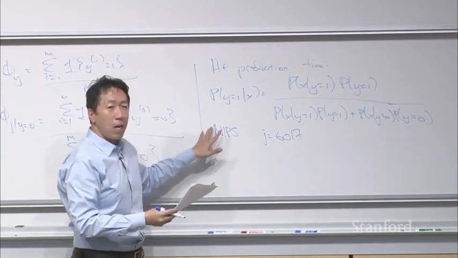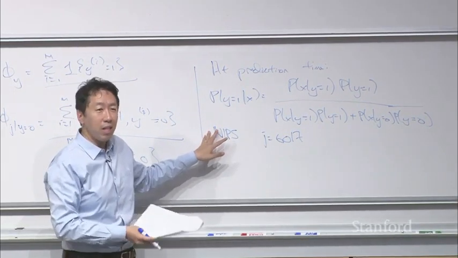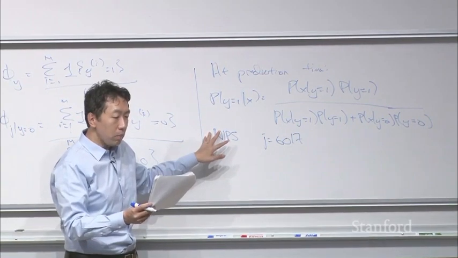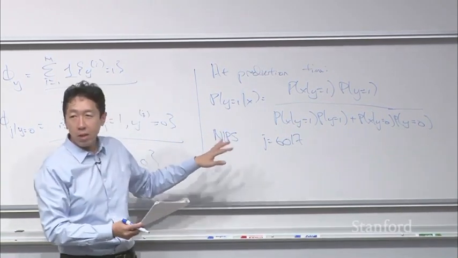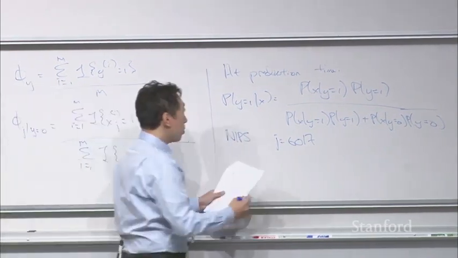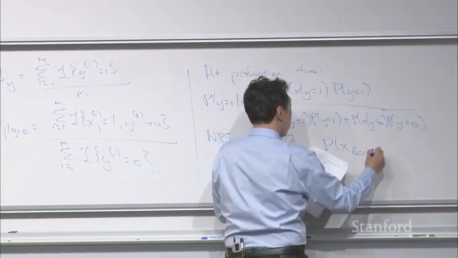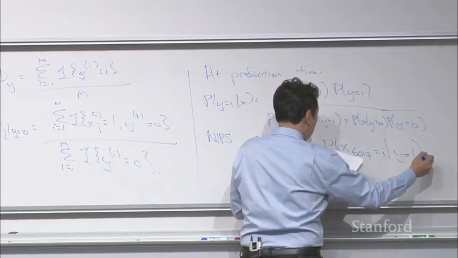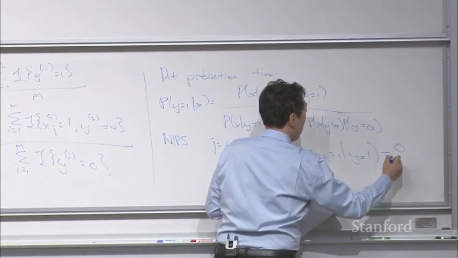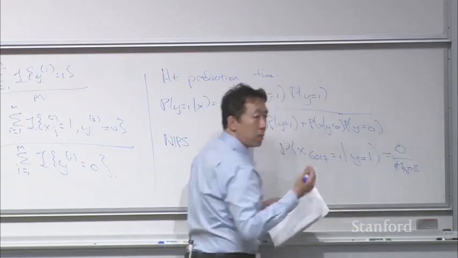But up until now, presumably you've not had a lot of emails from your friends asking, hey, do you want to submit a paper to the NIPS conference or not? And so if you use your current set of emails to find these maximum likelihood estimates of the parameters, you will probably estimate that the probability of seeing this word, given that it's spam email, is probably 0, right? 0 over the number of examples that you've labeled as spam in your email.